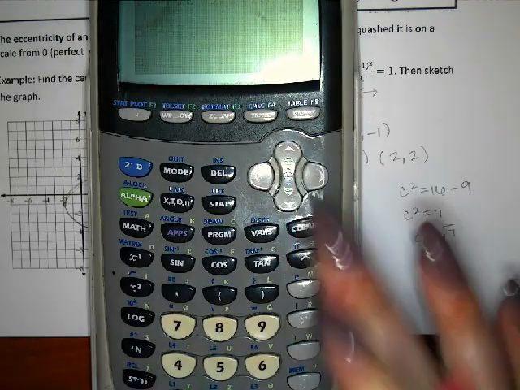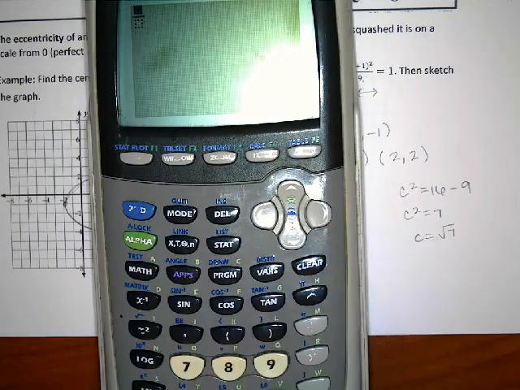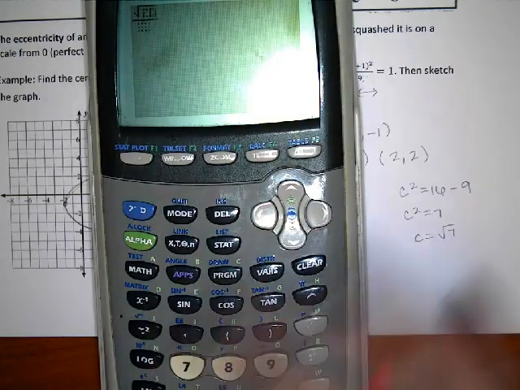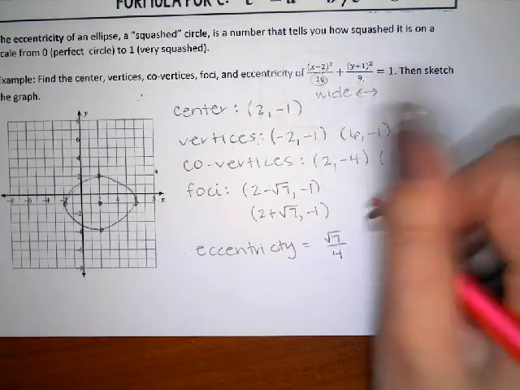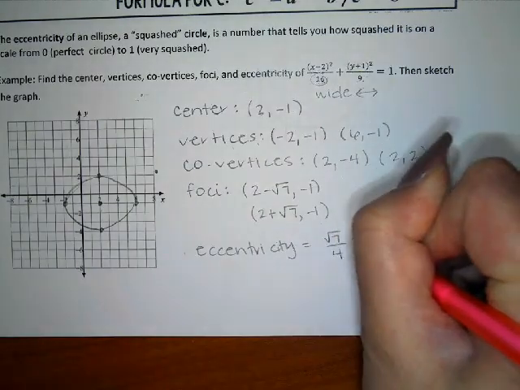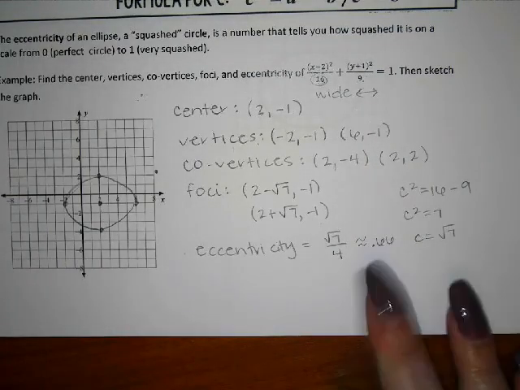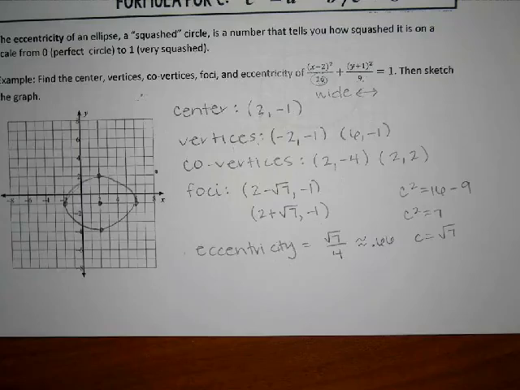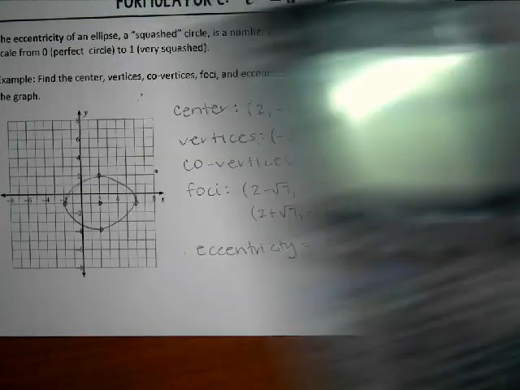Remember, if the decimal is closer to 0, this is more circular. If it's closer to 1, it's more squashed. So square root 7 divided by 4, so 0.66. So they're saying this is fairly squashed, but not super duper squashed, because then it'd be closer to 1. Okay. And I'm going to go ahead and do 3 decimal places.